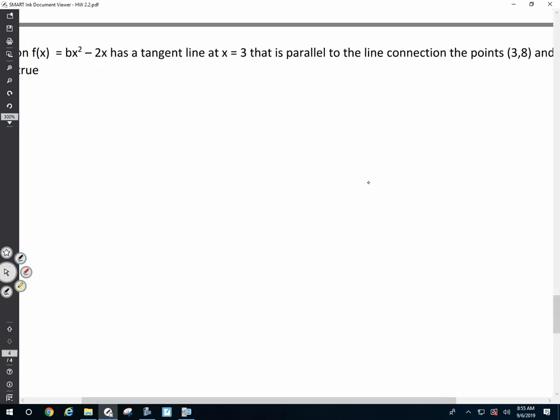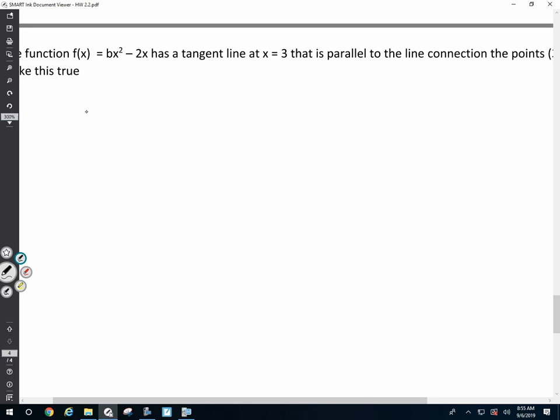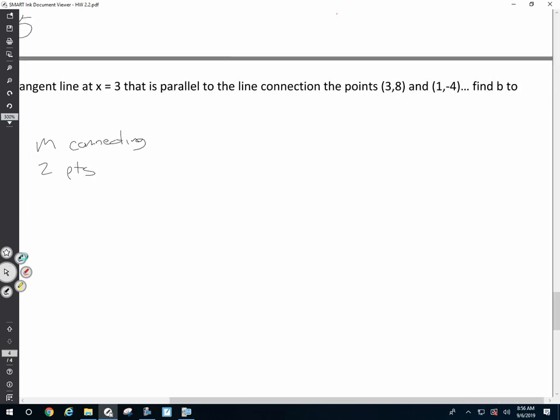The function f prime at 3 will equal the slope connecting the 2 points. Let's find said slope. y2 minus y1 over x2 minus x1, 6. Okay.